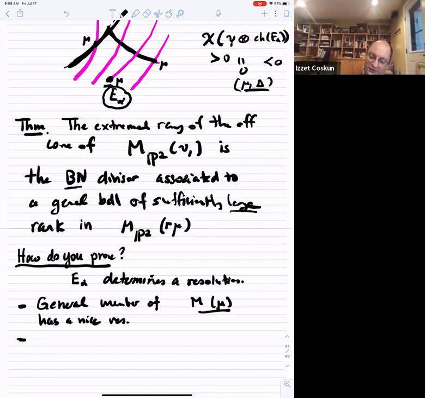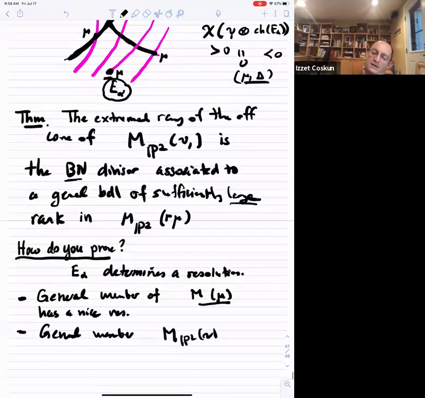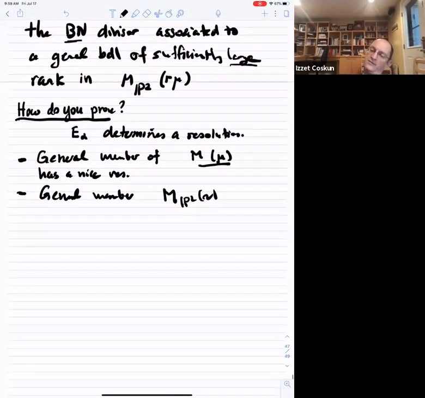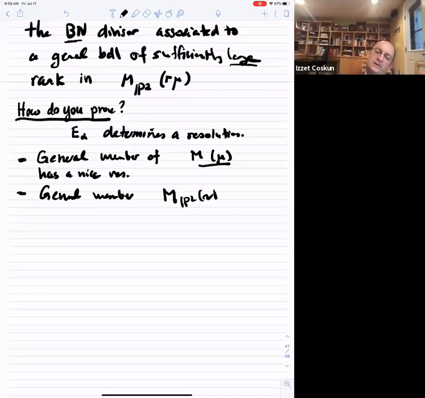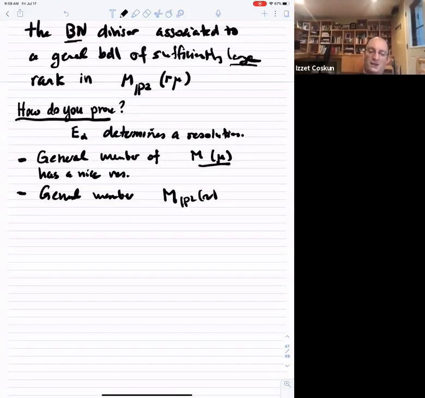And then the general member of M P2 V, you get a resolution by this E alpha. And the point is that now once you take this nice resolution, the vanishing of cohomology becomes obvious.